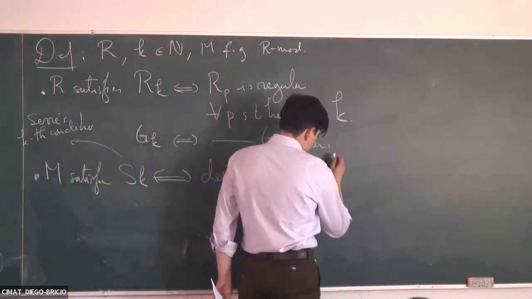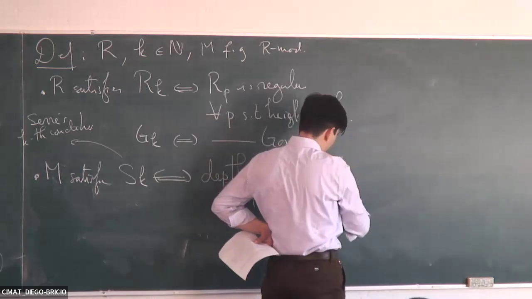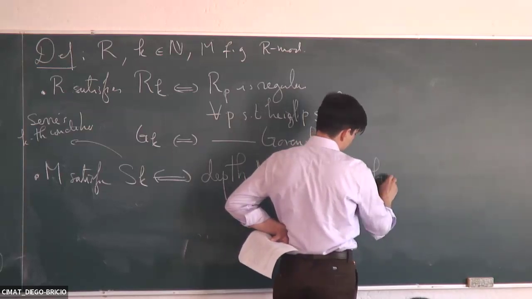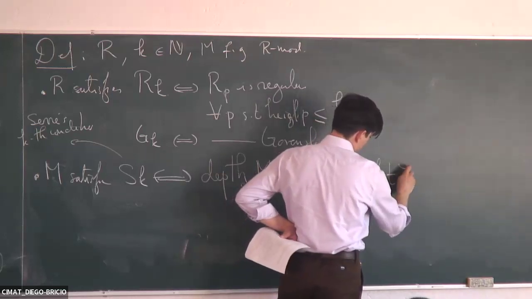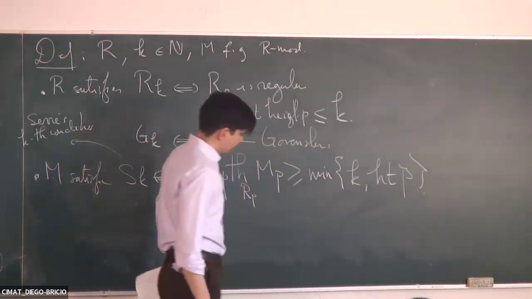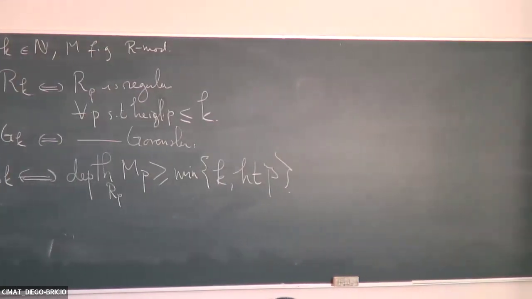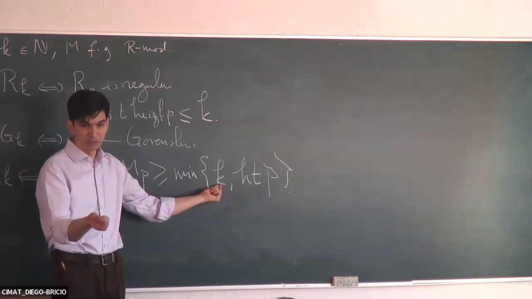So it is bigger than the smaller one, the minimum of K and the height of P. Okay, so for example, if we put M equals R here, this tells you that if the codimension is less than K at a point, then it is Cohen-Macaulay.